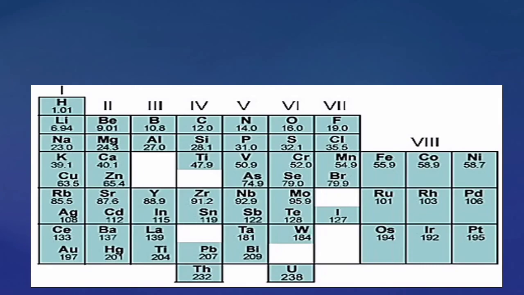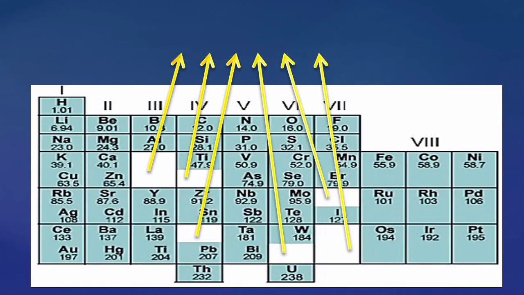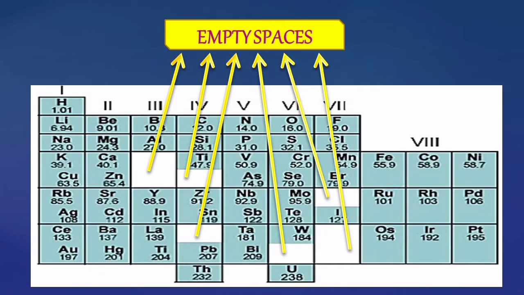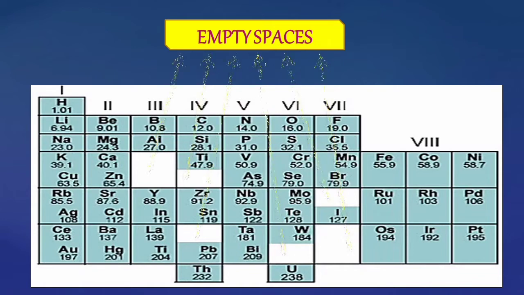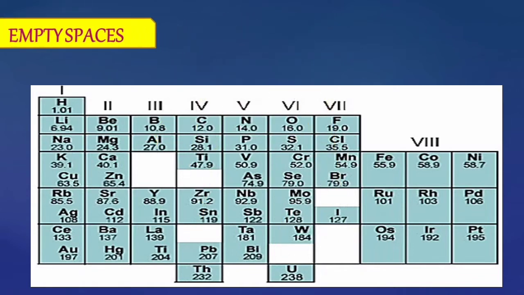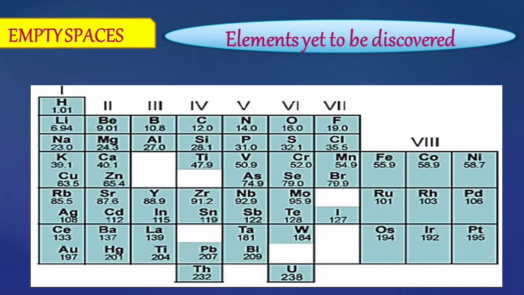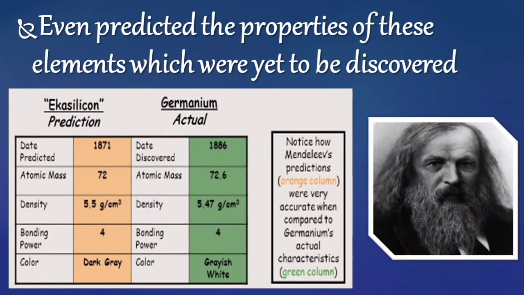Do you observe the empty spaces in the periodic table designed by Mendeleev? Instead of considering this a disadvantage, Mendeleev boldly predicted that these empty spaces were for elements that were yet to be discovered. Not only did he leave spaces, but he also predicted the properties of these undiscovered elements.